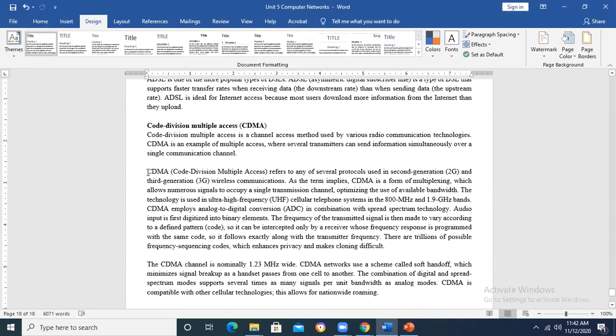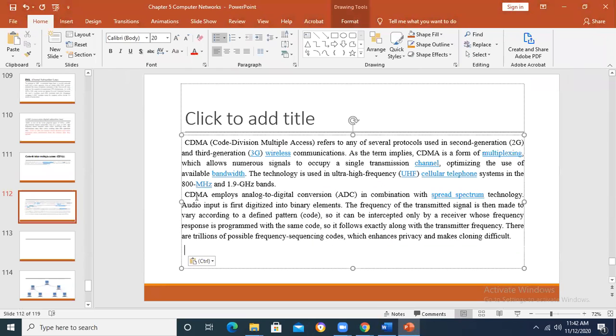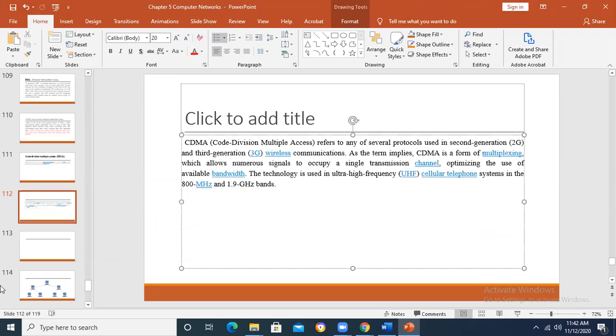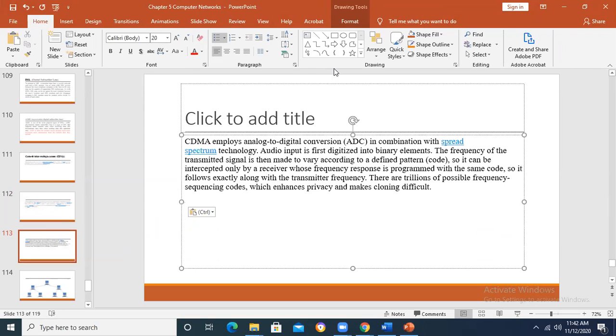What are the different technologies available in the telephone networks to use for different kinds of data communications for the computer systems? How can we use the public switch telephone networks? What are the different ways available?